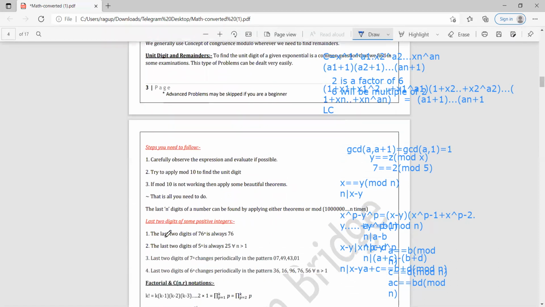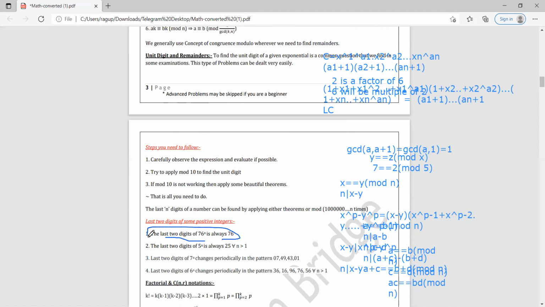So for example, we have to find the last two digits of some positive integers. We have to prove that the last two digits of 76 raised to n is always 76. So basically we'll prove this.